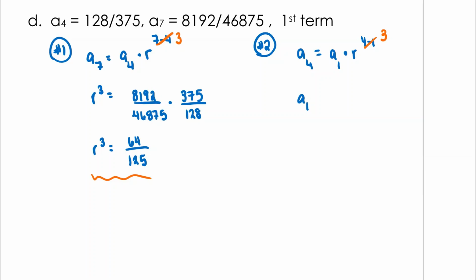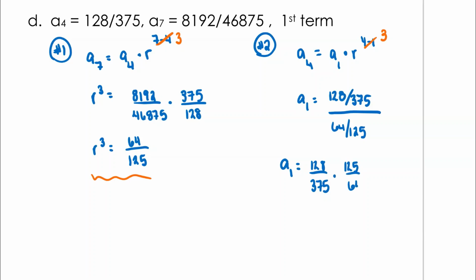So then that means that a sub 1 is going to equal a sub 4, which was 128 over 375, divided by r cubed, which is 64 over 125. And so a sub 1 is 128 over 375 times 125 over 64. That gives me the first term value to be 2/3. And that is my final answer.